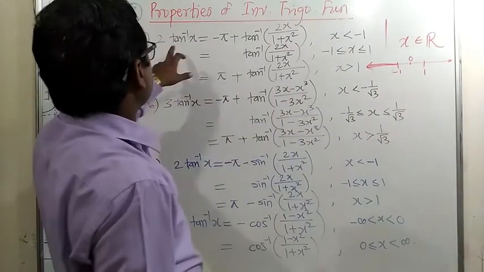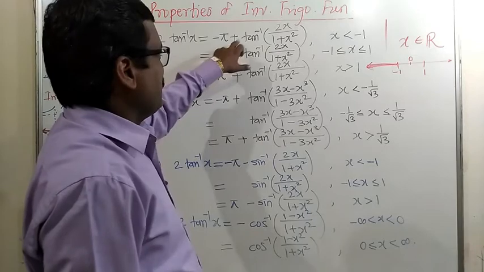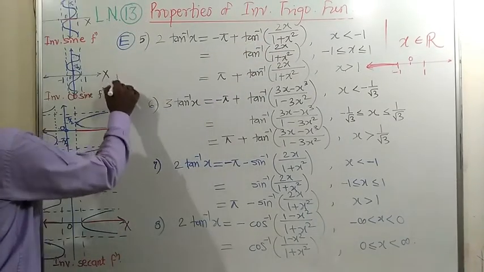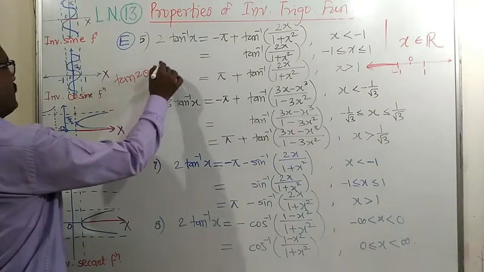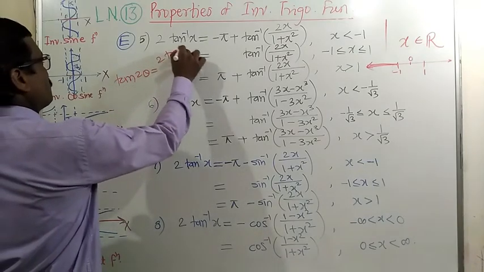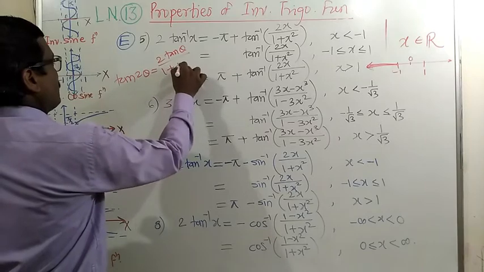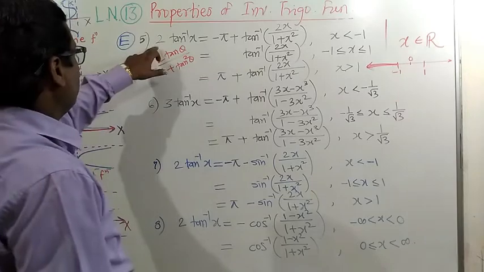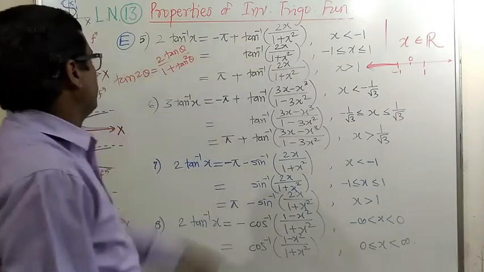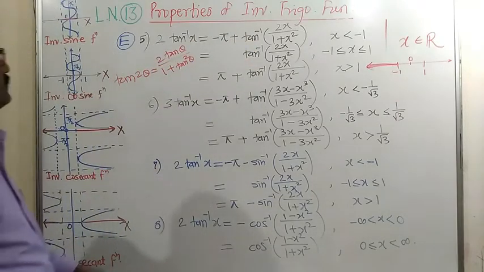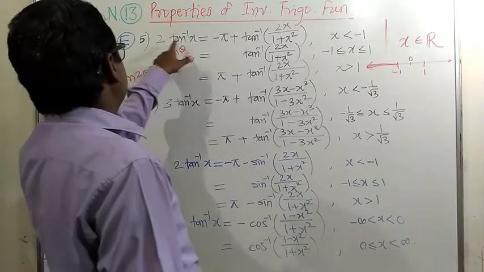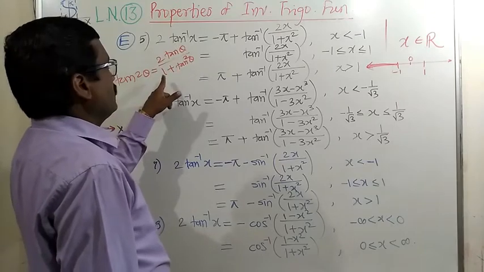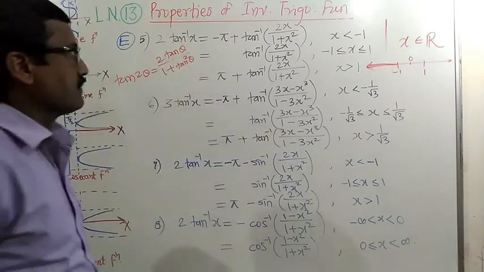Then 2 tan inverse x is equal to minus pi plus the formula for tan 2 theta. The formula for tan 2 theta in terms of tan is 2 tan theta upon 1 minus tan square theta. Remember this formula and use it here to convert the double inverse tangent function into a single inverse tangent function. So we get 2 tan inverse x is equal to tan inverse of 2x upon 1 minus x square.